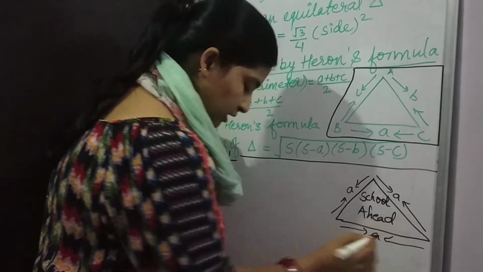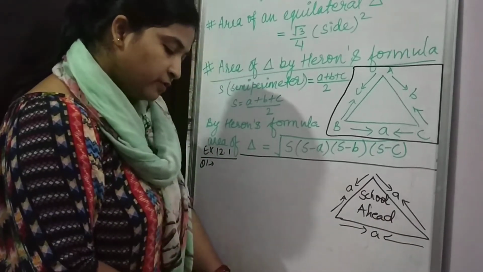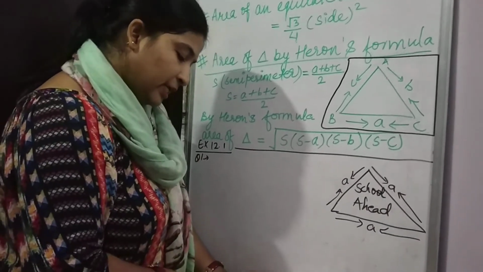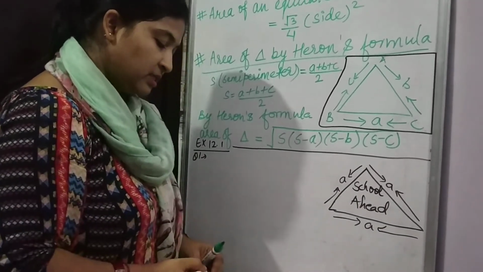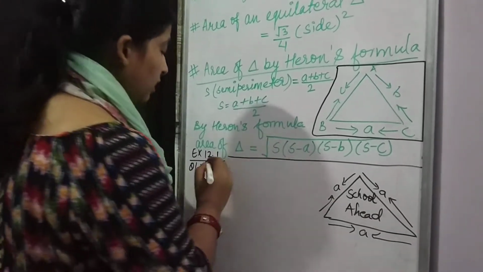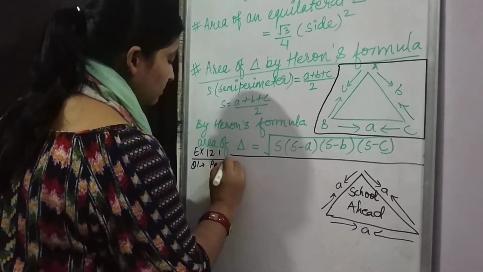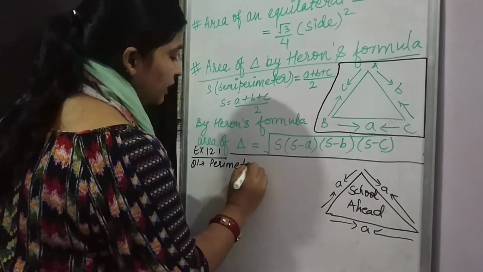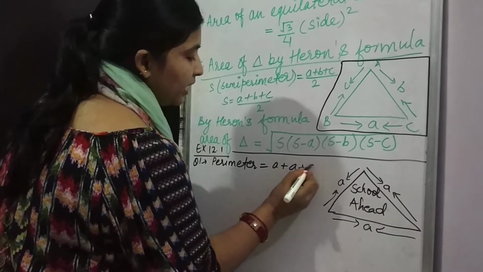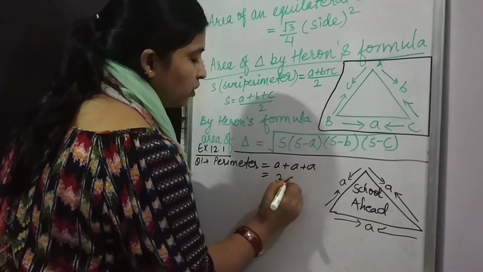It says find the area of the signal board using Heron's formula, if its perimeter is 180 centimeters. So what is the perimeter of this board? The perimeter of any triangle is the sum of all three sides, that is a plus a plus a, which is 3a.